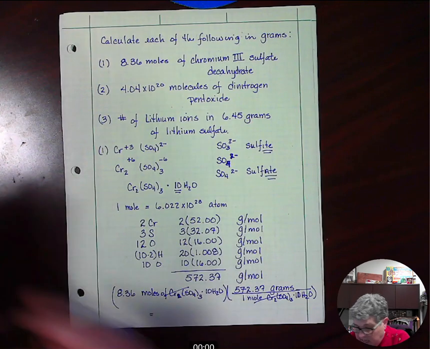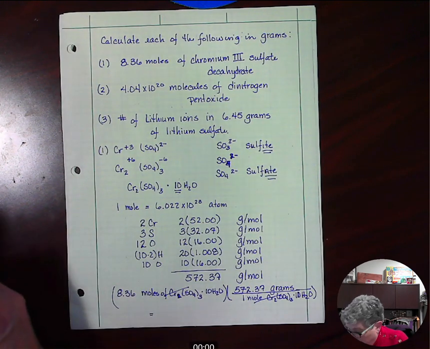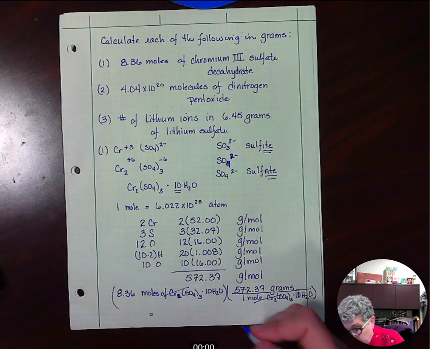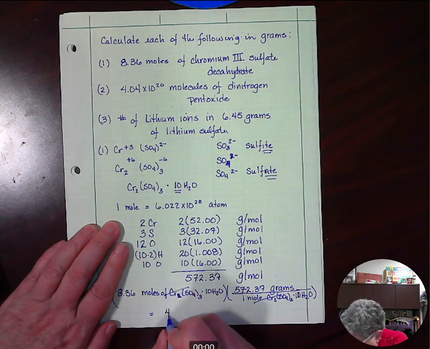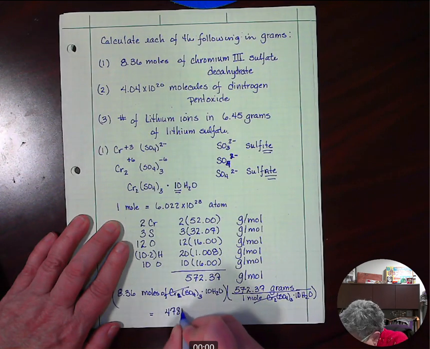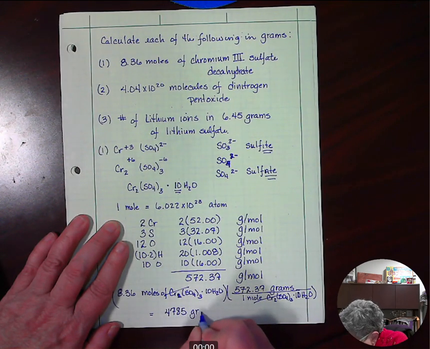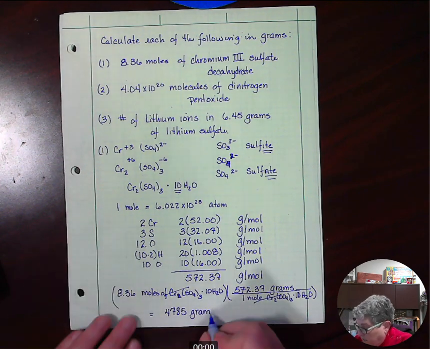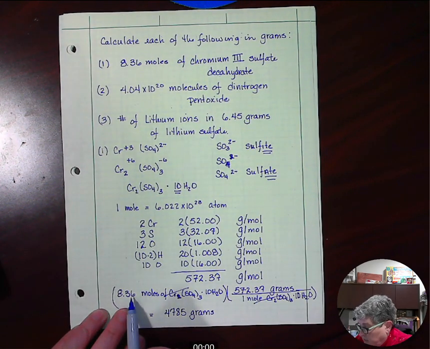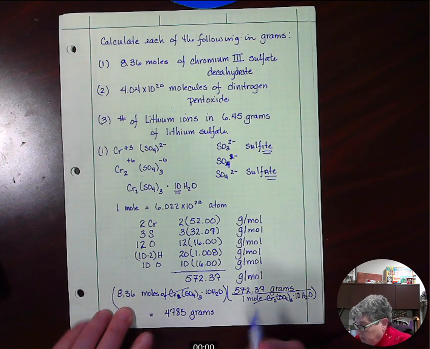So I'm just going to take that number and multiply it by 8.36. And I'm going to get that there are 4,785 grams, but that's not in the right significant figures. We said we had 8.36, so I need to be in 3 significant figures.